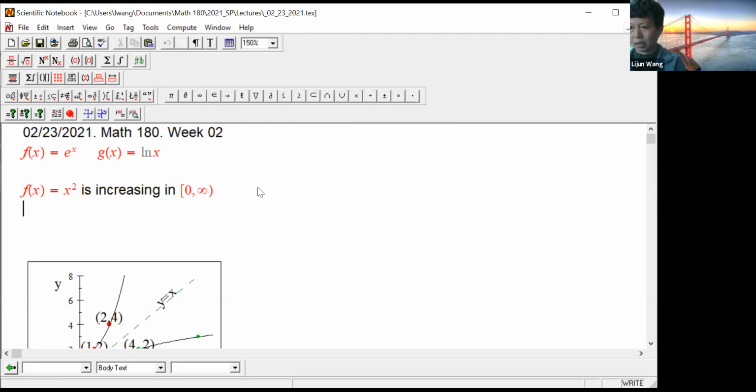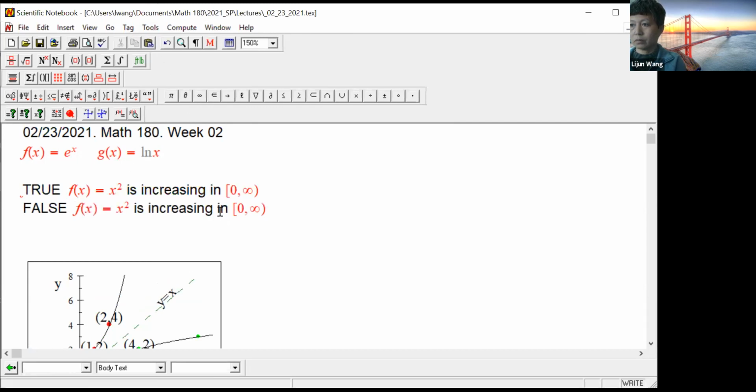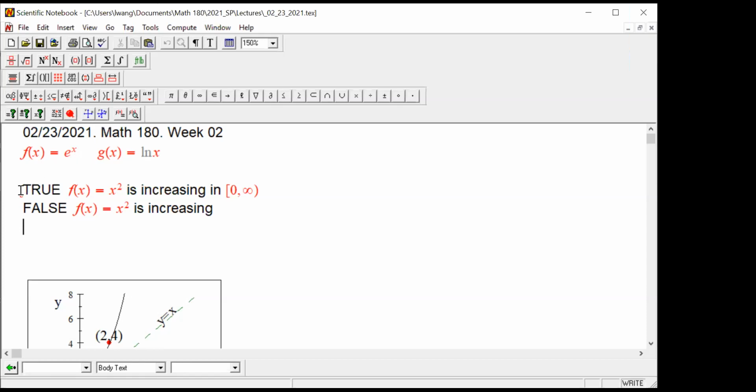That's a statement you make. But if you remove this, so this is true, and this is false. I said that. Okay, you can go back to the lecture to see it. Is that clear? Okay? Yeah.